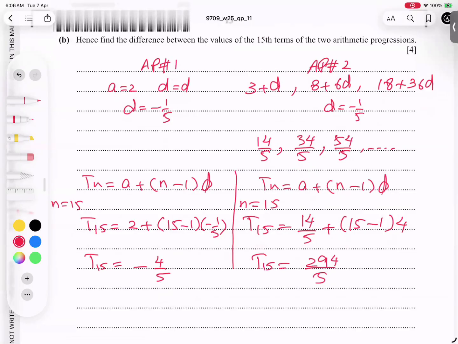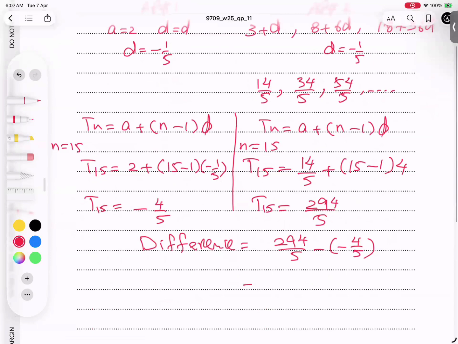If we subtract them, what does the difference turn out to be, students? 294 over 5 minus 4 over 5. So the value turns out to be, in decimal, 59.6. Okay, I hope the concept of the question is very clear.